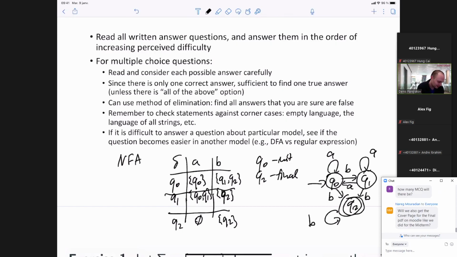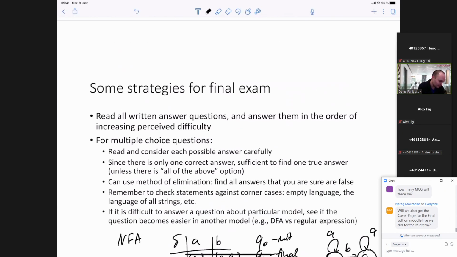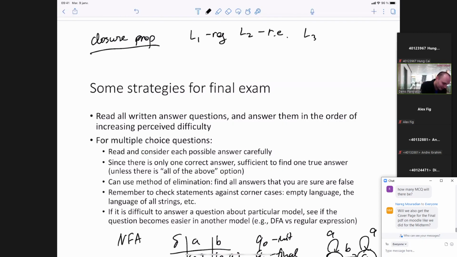And if there are questions which talk about closure properties, and there could be many different questions, remember that you might be given a whole bunch of different languages, like L1 is regular, L2 is recursively enumerable, L3 is context-free, L4 is finite, and so on.